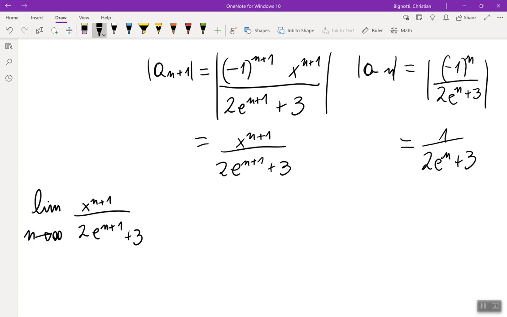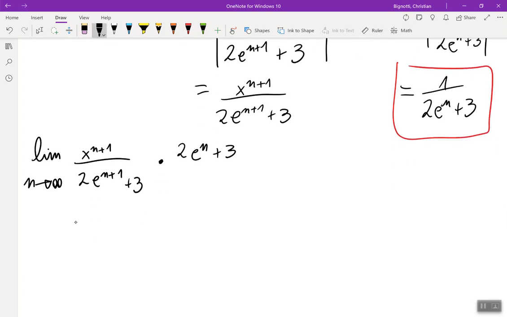We can flip the other fraction because we're dividing, and just multiply to make our life easier. I just flipped a_n over here. It's over 1, so it doesn't really matter.